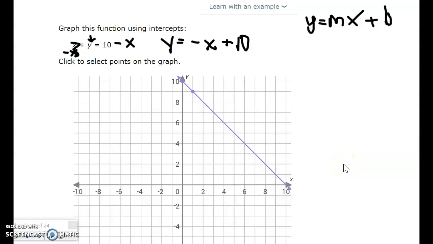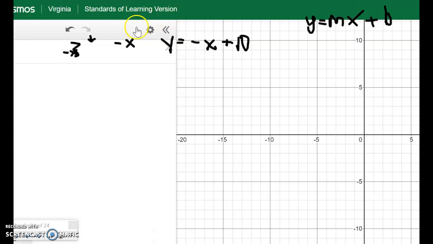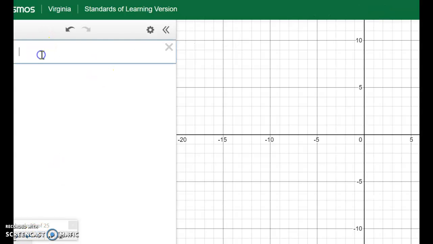The other thing I could do is use Desmos to help me out. So we know in Desmos, if I type in an equation, it will graph it for us. So I'm going to take this original equation, x plus y equals 10, and it will graph it for me, and I can see that it needs to cross the y-axis at 10, and then I need to go down 1 and over 1 to form my line.